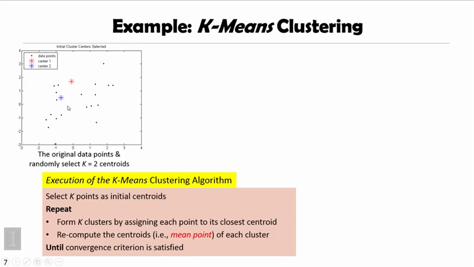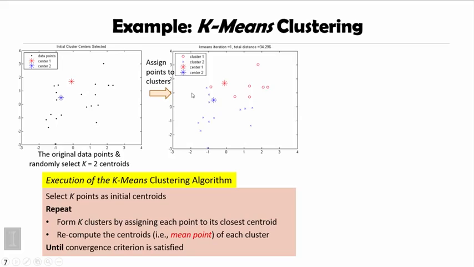Now k is 2, so we select 2 initial centroids. Once we select them, we form k clusters by assigning each point to its closest centroid. You can see we assign these black points to either the red centroid or the blue centroid. That's the current assignment.